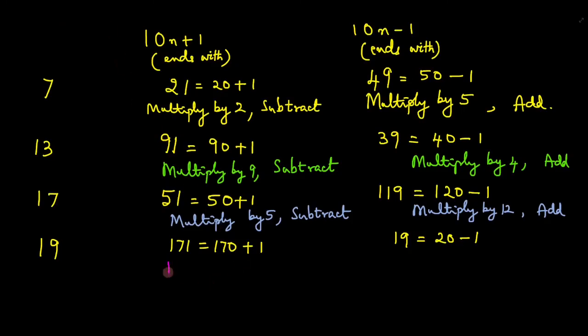So here multiply by 17 and then subtract. Here multiply by 2, then add.